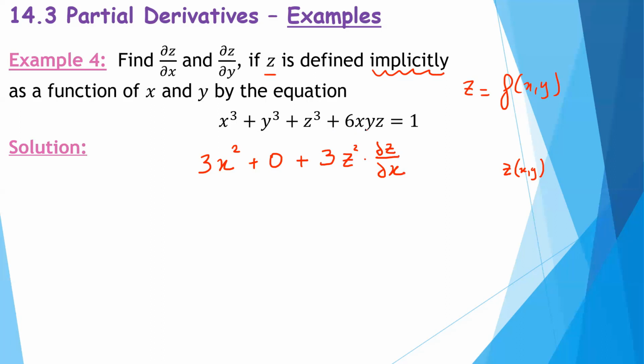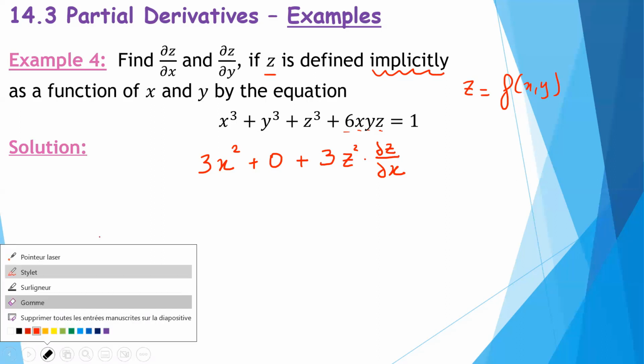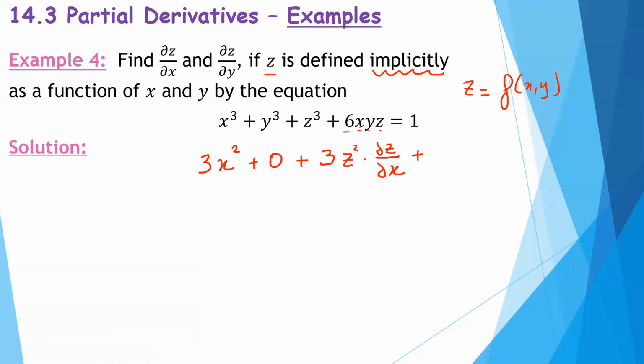For this term, we have a product. Here we use the product rule. So how to use the product rule? First, we derive with respect to x this term, so 6yz.